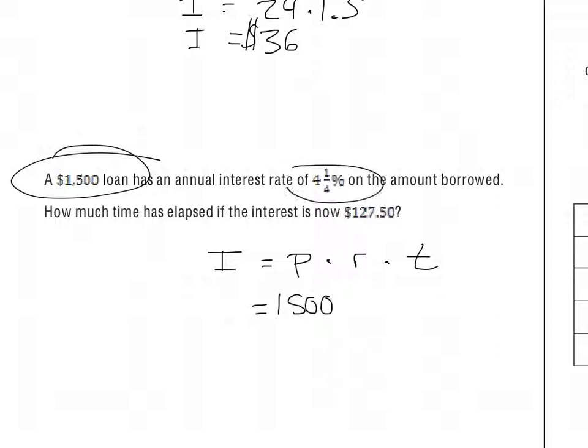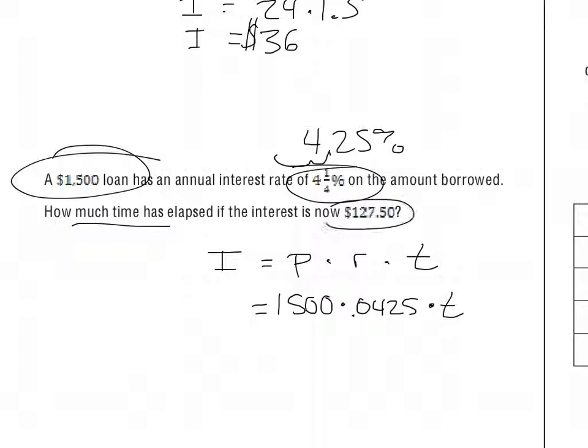The interest rate 4 1/4, so that's 4.25%, which is 0.0425, times time. How much time? Okay, so I don't know how much time. And the interest is $127.50.